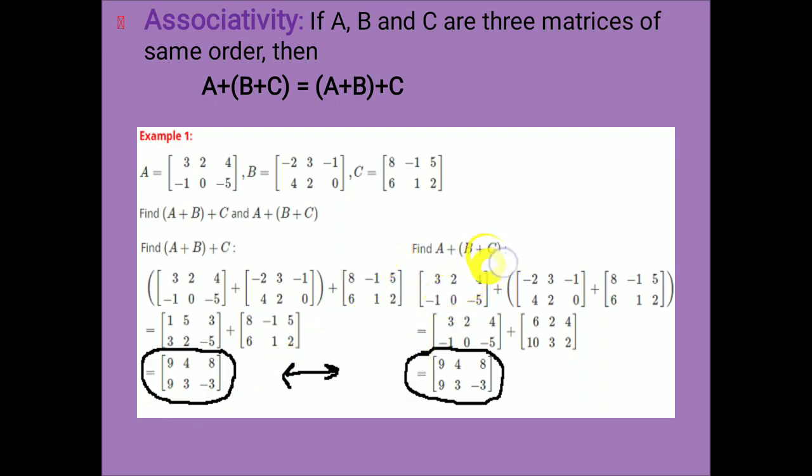B plus C first you will do, whichever is in the bracket you solve first according to the property of associativity, and then the resultant will be added with A. Also you get the same result. Both the results are the same, so we can say that it can be associative only if the order is the same.